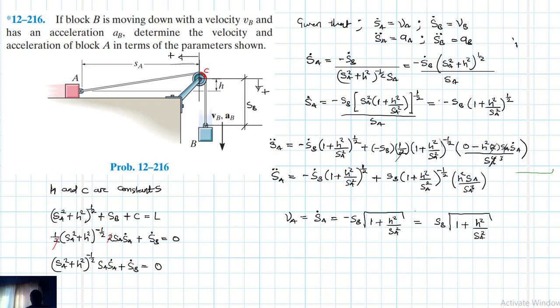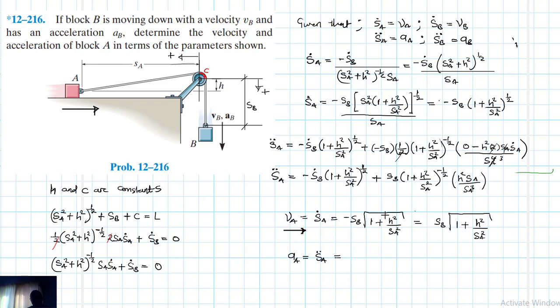All right, and then we know that the direction of our block A is in this direction like so, in this other direction like so. Okay, so this is the direction.